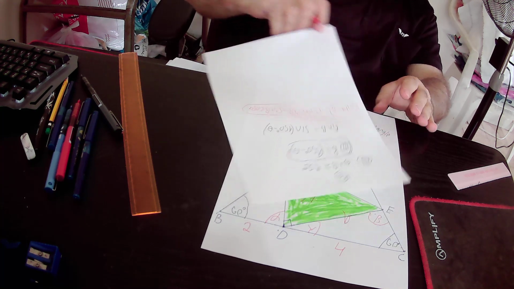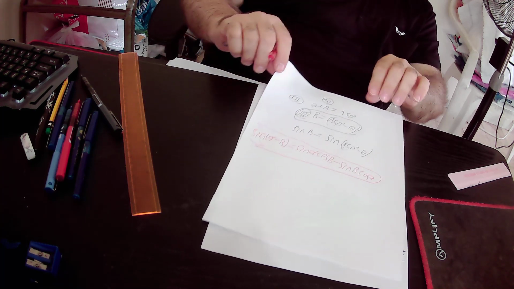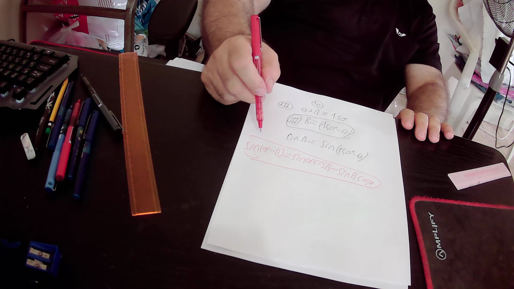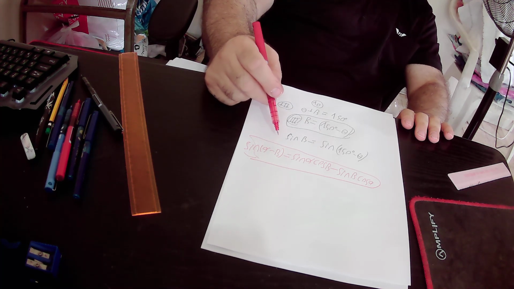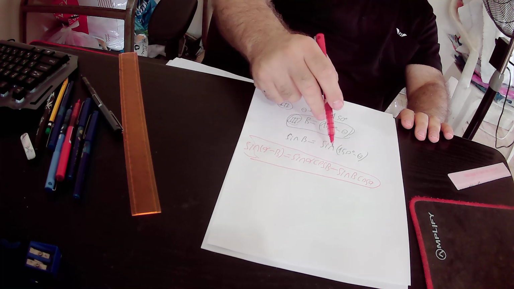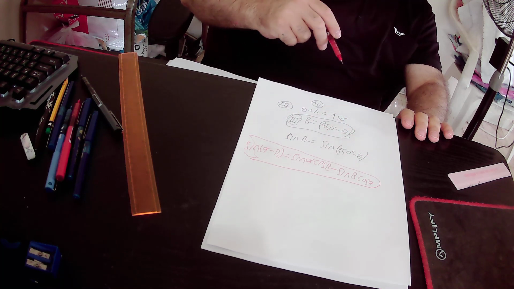Okay, so according to the second trigonometric identity, the value of sine alpha minus beta is actually sine alpha times cosine beta minus sine beta times cosine alpha.